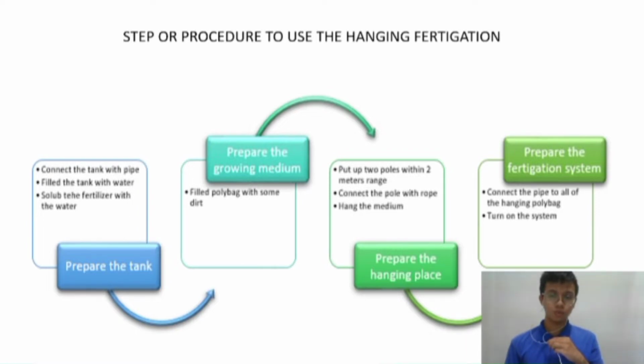Pull up a pole within a 2 meter range. Tie the pole with rope that is strong enough to support the medium. Lastly, hang the medium on the rope. Lastly, prepare the fertigation system. Connect the pipe to all the hanging polybags and turn on the system.